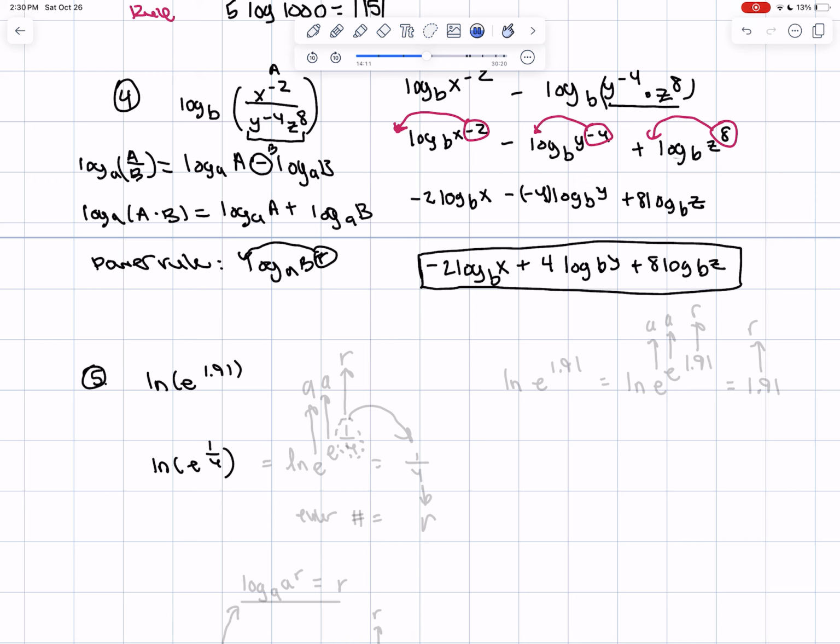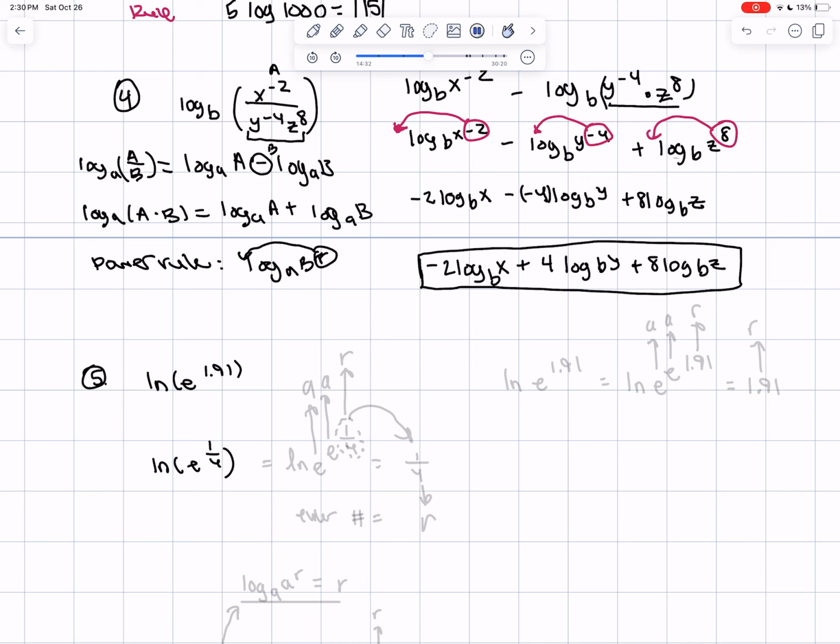So let's find an example of this in the textbook. Yeah, there's an example of that in example 3C. The example that you have in your book says ln e to the minus 0.5. So let's use that as an example.